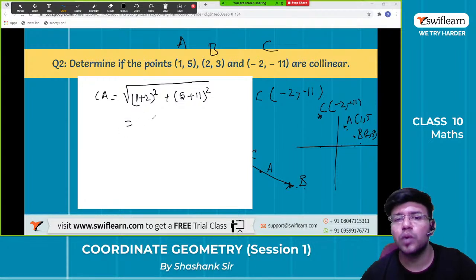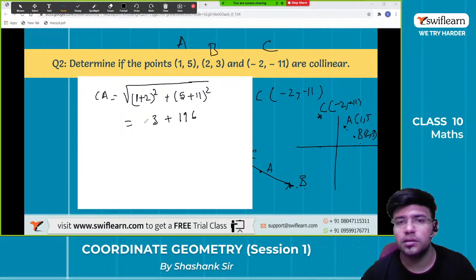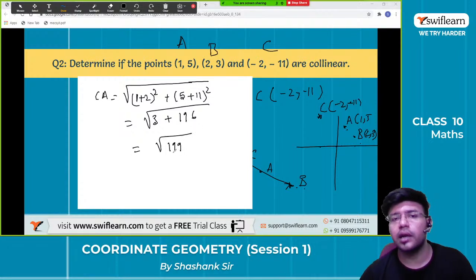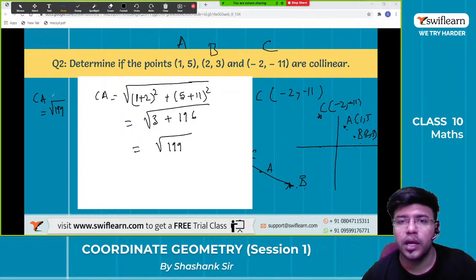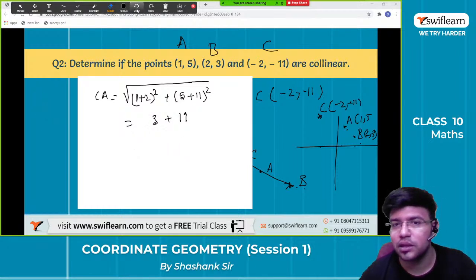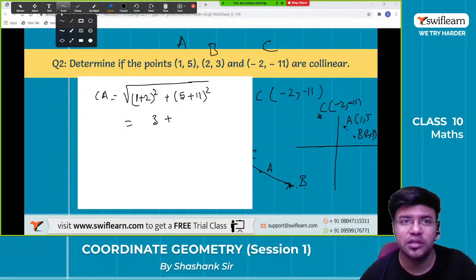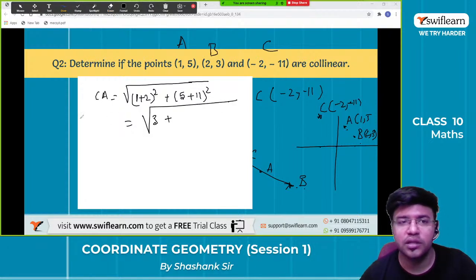Now 2 plus 1 is 3. 11 plus 5 is 16. 16 square is 196. Square root of this will give... How much is CA? CA is square root of 199. Wait a minute. Square root of 16, how much is that? Is it 256?